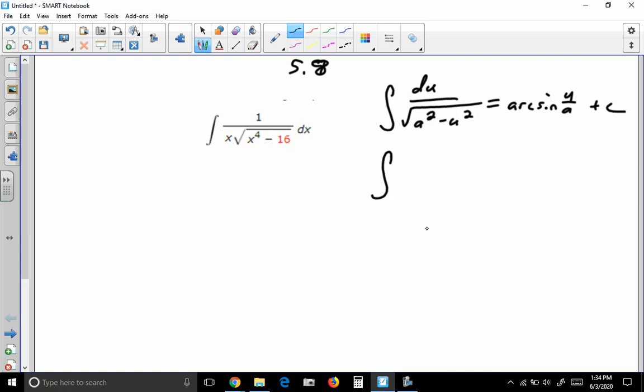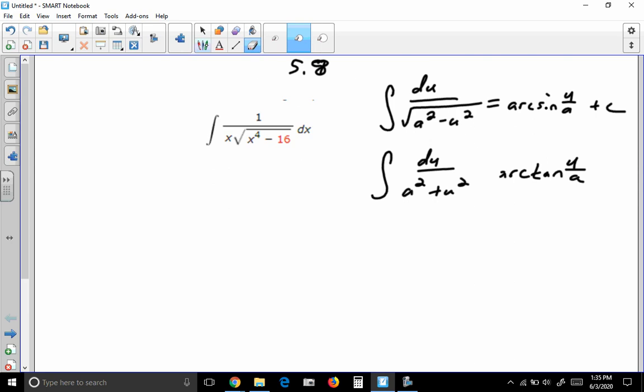If we have du over a squared plus u squared, remember the ones that when we took the derivative didn't have a square root on the bottom, that was the tangent and cotangent. So that integrates into arctangent of u over a, but we also have a coefficient with that. We have a 1 over a in front of that.